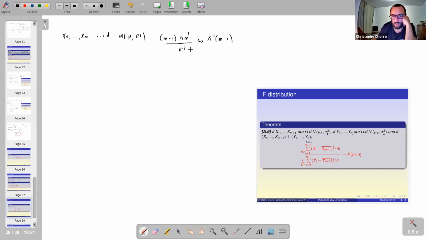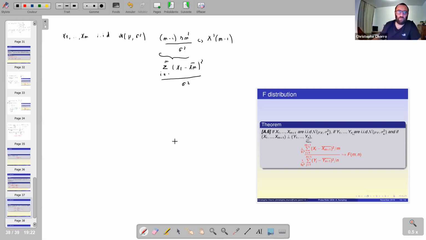Keeping in mind that this quantity is just the sum from i equal to 1 to n of (Xi minus X̄n) squared over sigma squared. And it's exactly what I have here.